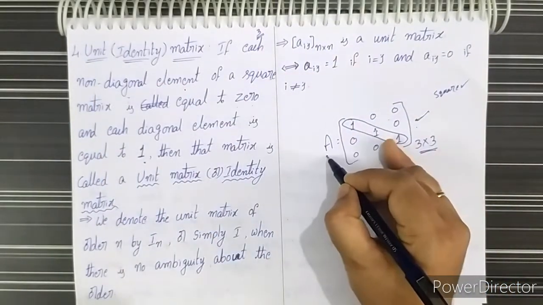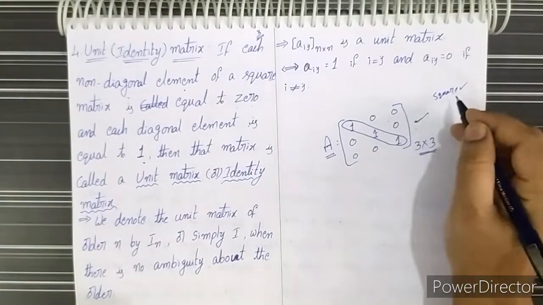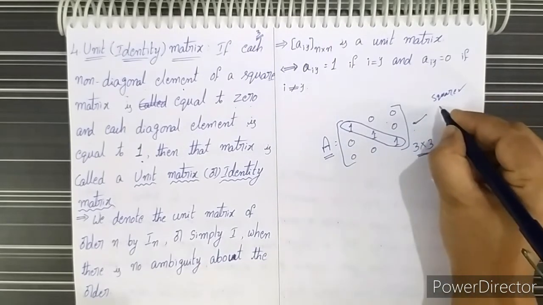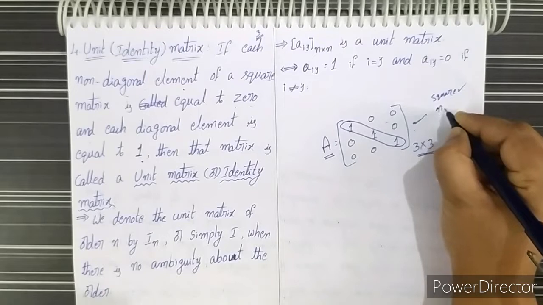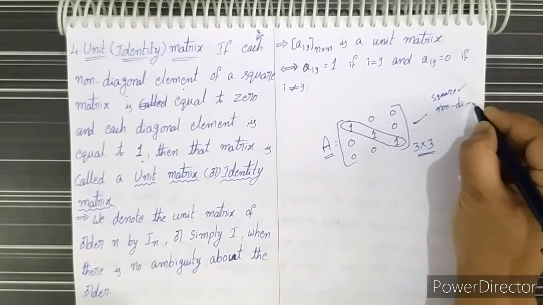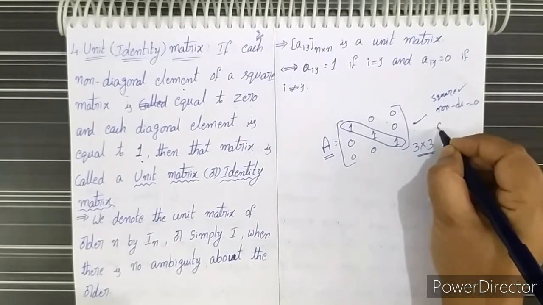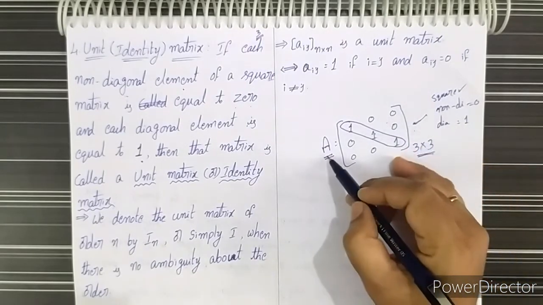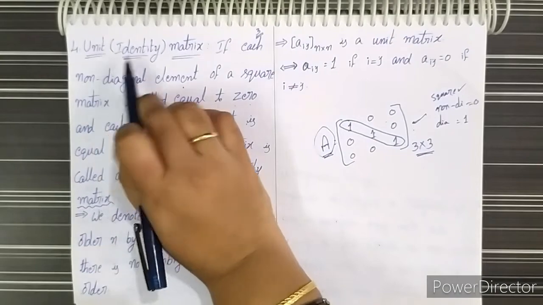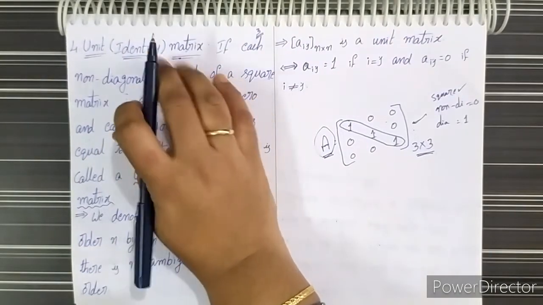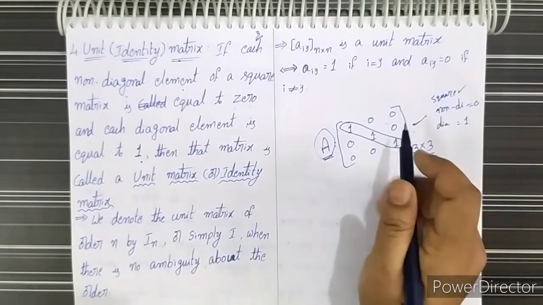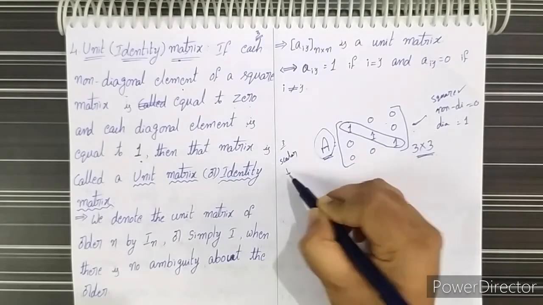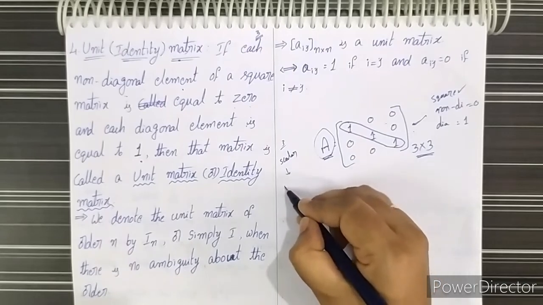If a matrix is called an identity matrix, then that matrix is a square matrix, non-diagonal elements are equal to 0, and diagonal elements are equal to 1. Then only this matrix is called the unit matrix or identity matrix. In the previous type, the third, scalar matrix, the same 3 points are there.